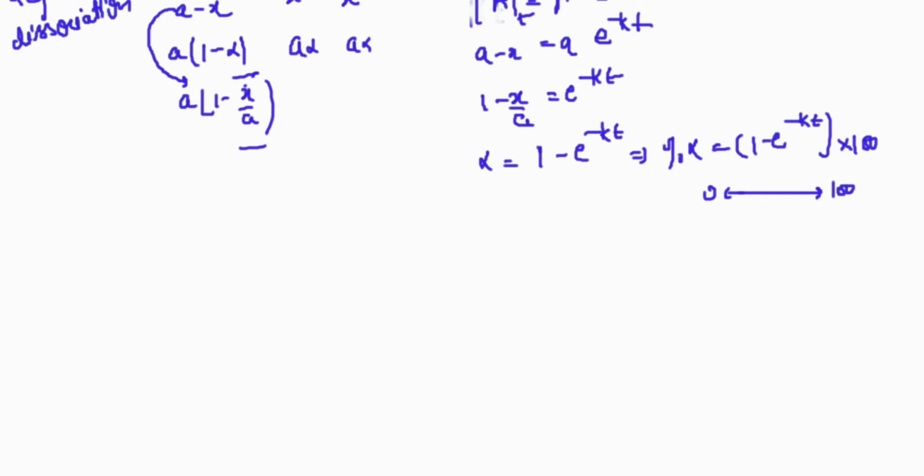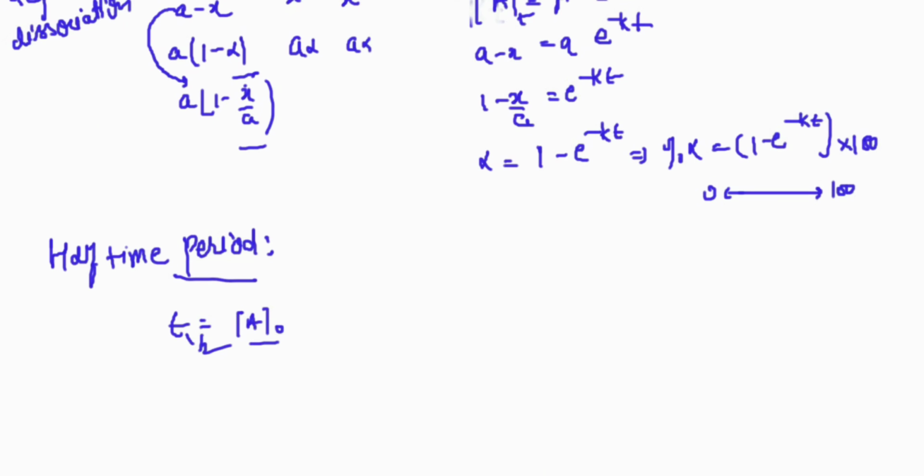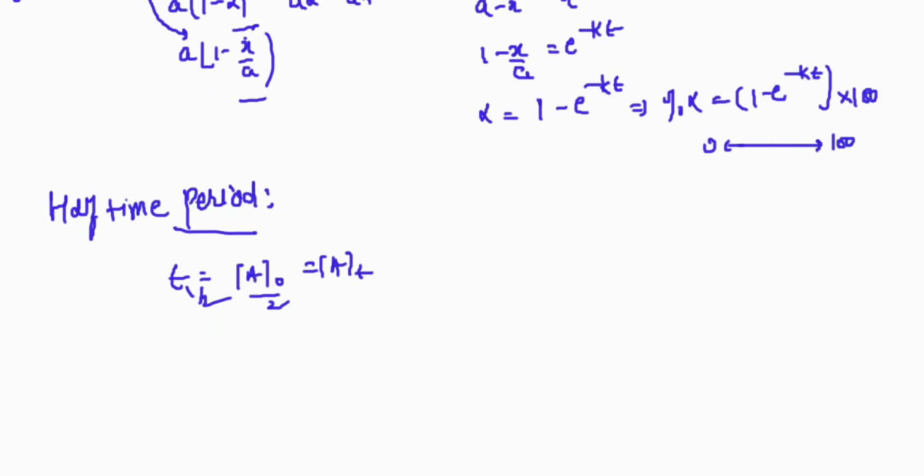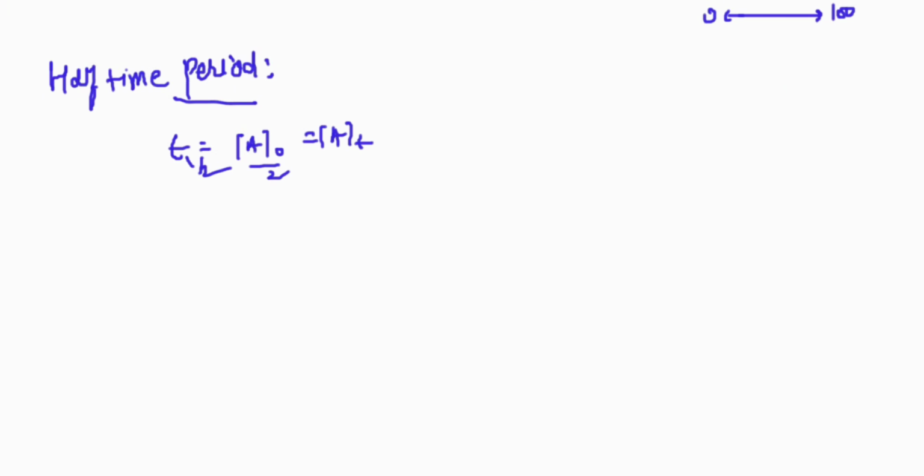Now let's see the half time period. The half time period t half is when a naught by 2 equals a t, that is, the concentration becomes a naught by 2. We know the formula kt equals ln a naught by a t.